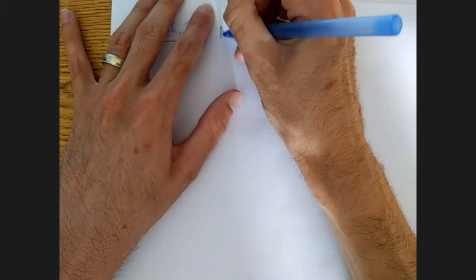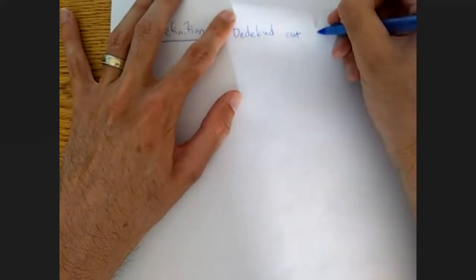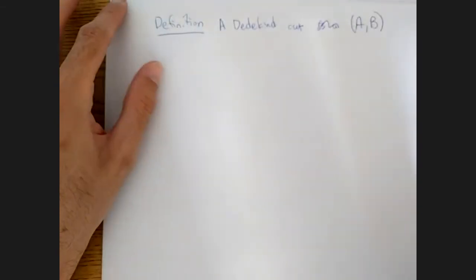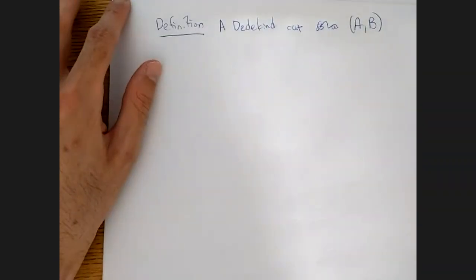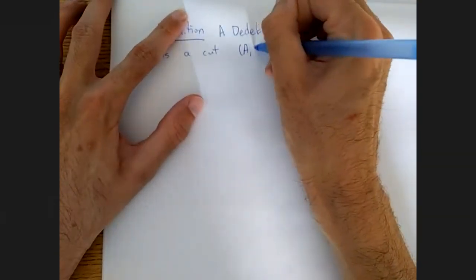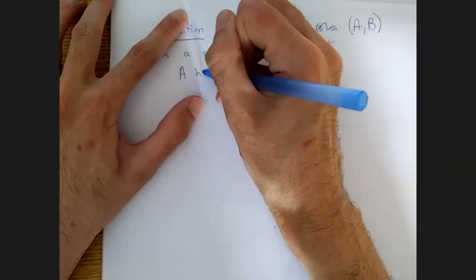So a Dedekind cut is, let's say, AB, a cut such that A has no greatest element.